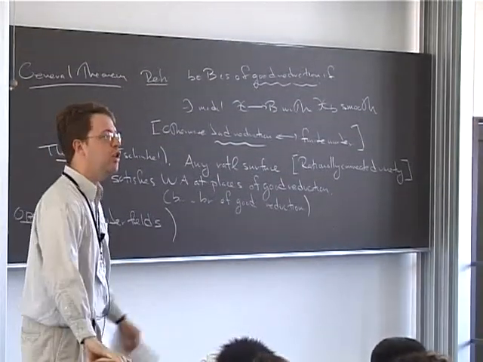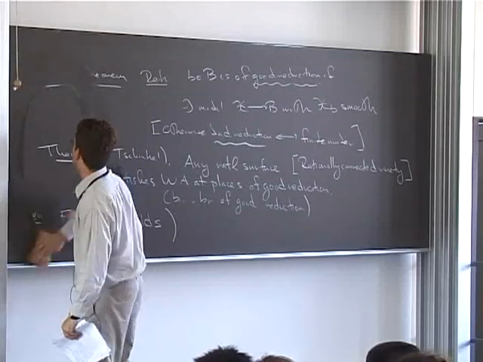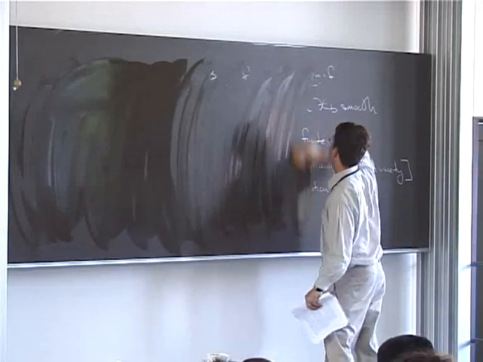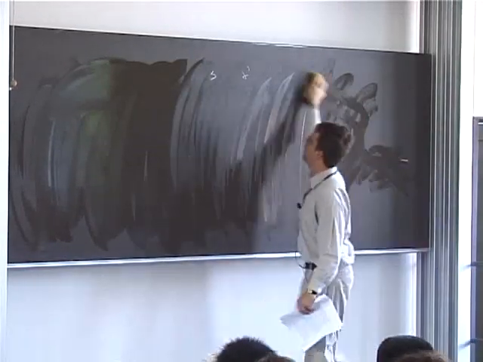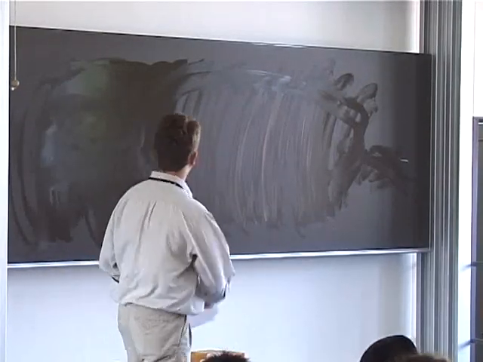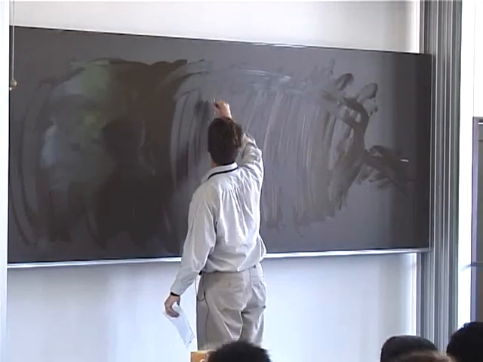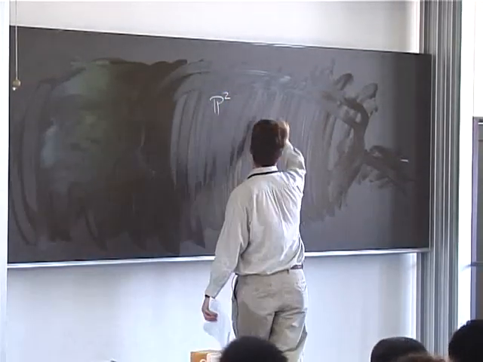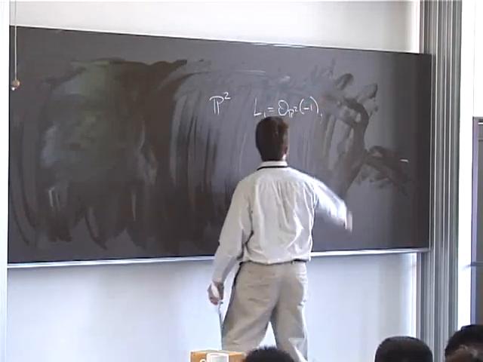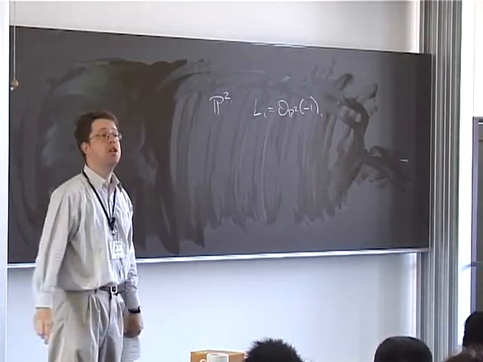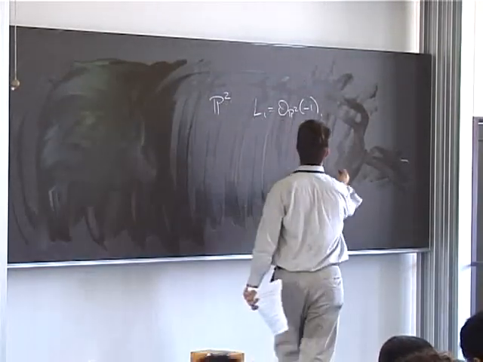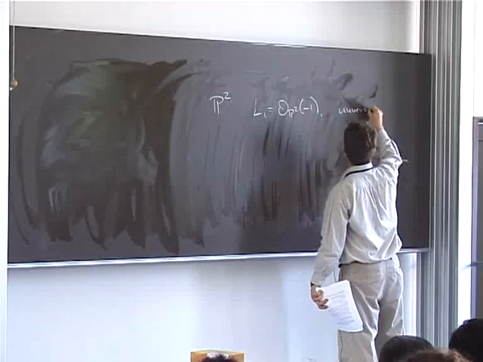So let me show you how to do this for P2, at the risk of boring people. So for P2, let's take L1 to be, well, there's just one element, so it's O_P2(-1). And let me just remind you that this is a universal subbundle.